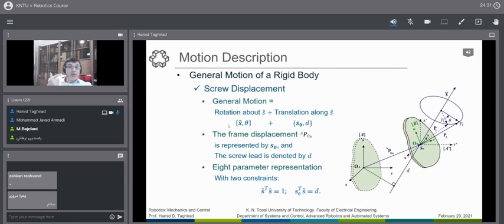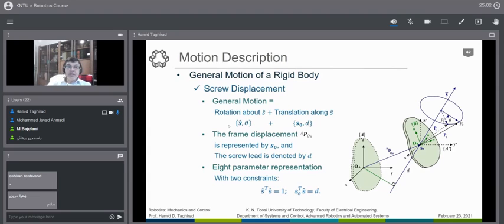That's why we are using the word screw, which in Farsi we call pich. Pich, or screw displacement, is something like a screw and bolt. When you rotate the screw, the bolt will go up and down, so you have both rotation and translation somehow.